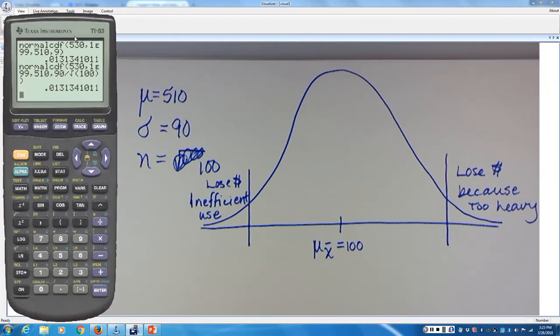So what they would like is, 90% of the time, for their truck to be loaded with packages in this interval.